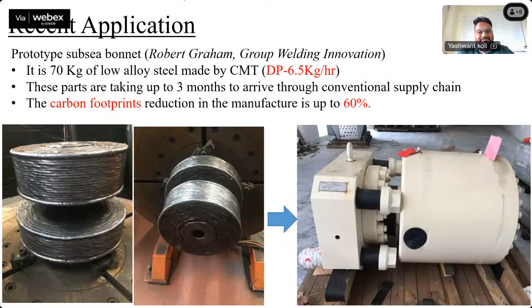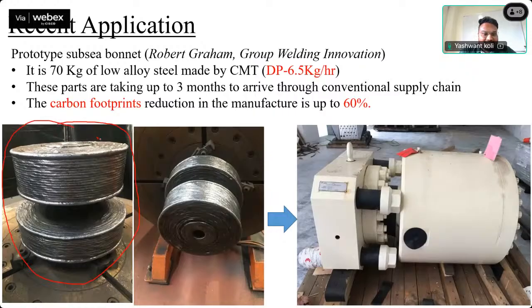A recent application that has come through fabrication with WAM CMT is a prototype subsea bonnet. You can see here, this is made by Robert Graham, the welding group innovation head. This is a complete product fabricated under a single roof.